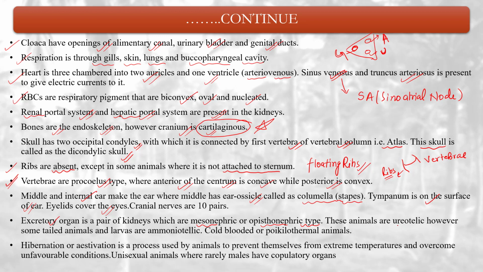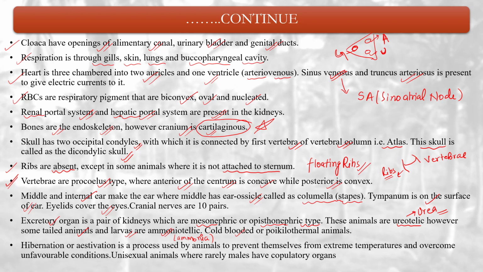These animals are ureotelic, means their excretory waste is urea. However, some tailed animals and larvae are ammonotelic, means their excretory waste is ammonia.